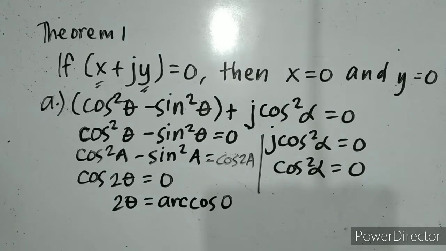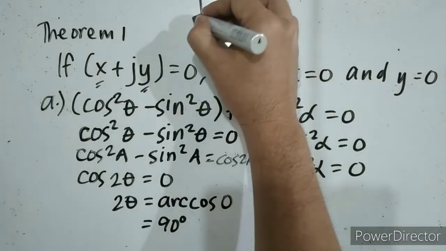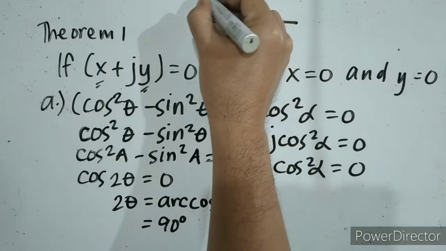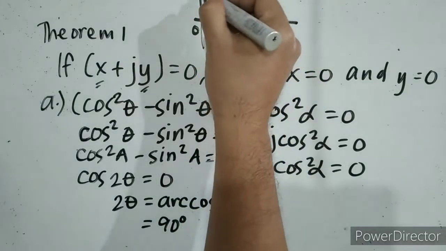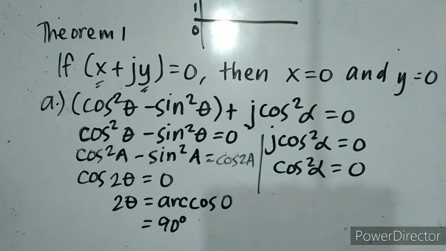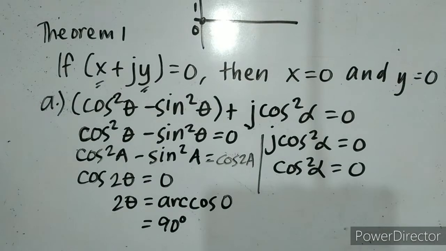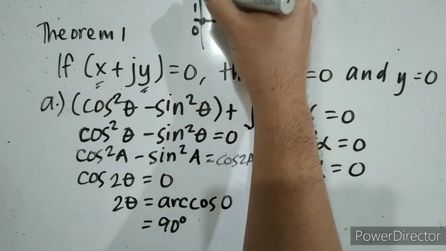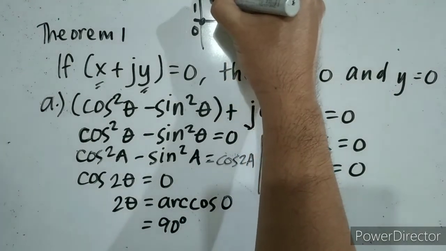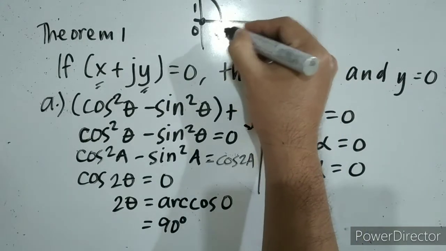You know that arc cosine of 0 is equal to 90 degrees because if you recall, at an angle equal to 0, cosine starts with a value equal to 1. Unlike the sine, which starts at 0, cosine starts here and then goes down to 0 at 90 degrees.